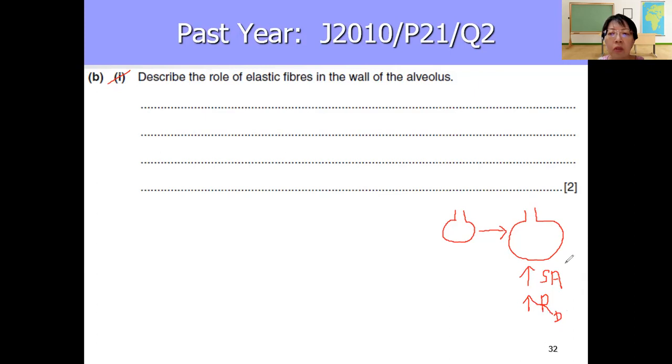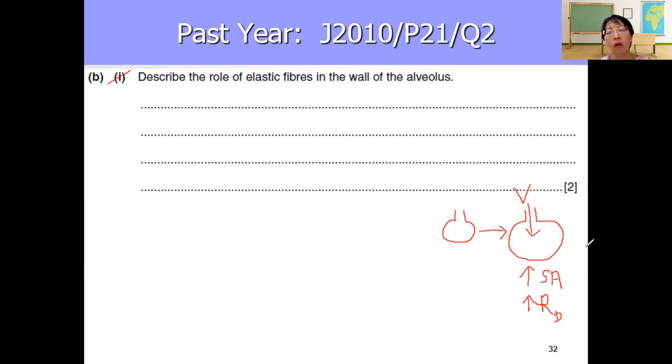Okay. So another advantage of this is, more air can come in. When the alveolus can stretch, a higher volume of air can come into the alveolus. So better ventilation, right? And then after it stretches, when you breathe out, you relax. Why?